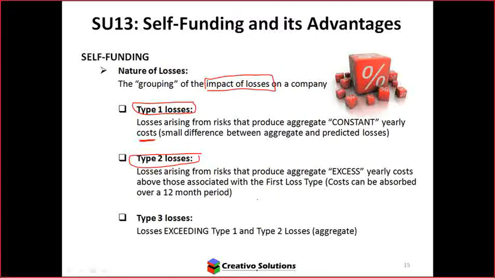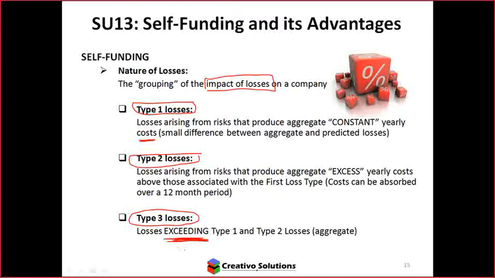Type 3 exceed both type 1 and type 2. These are losses that put you out of business, so they could be more catastrophic and more impactful on the business.